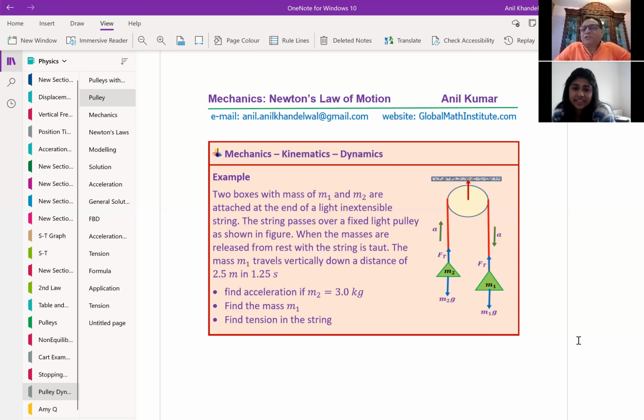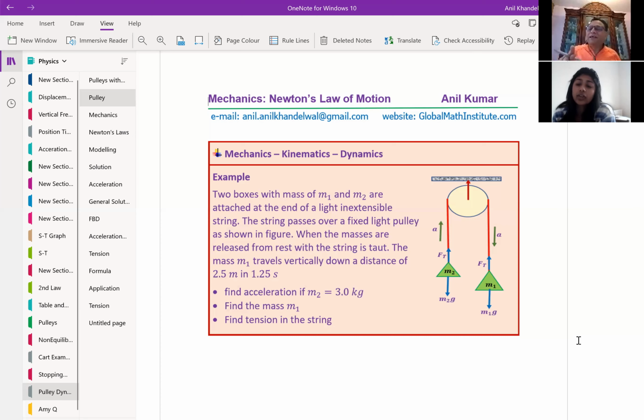In dynamics, we are actually seeing the cause of motion, right? An object stays in its position because of its inertia until and unless an external force is applied. That force changes the state. Even when an object is moving at a constant velocity, until and unless an external force is applied, it will not change the velocity.